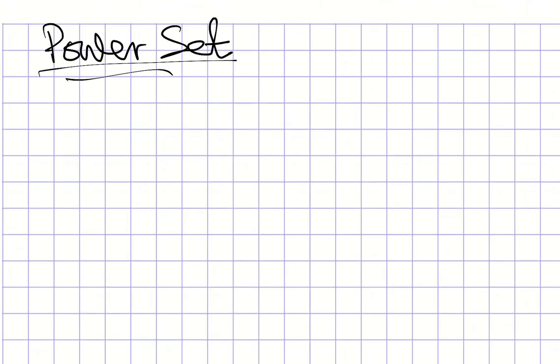All right. Here's another type of set. It's called a power set. A power set basically says that if you have a set A, right? Let A be a set.